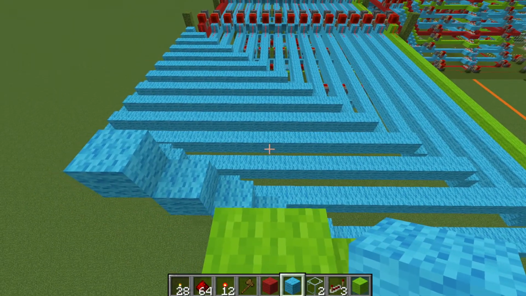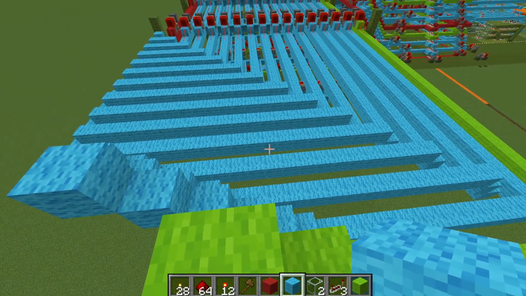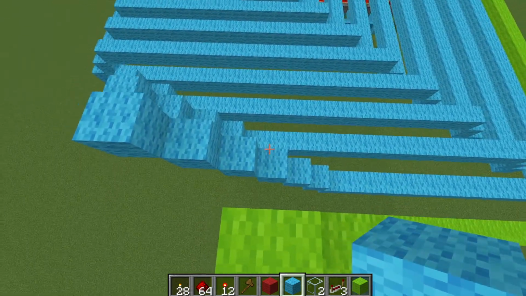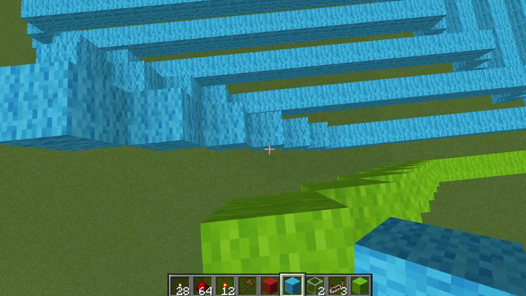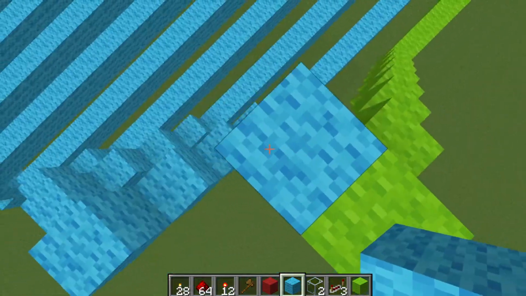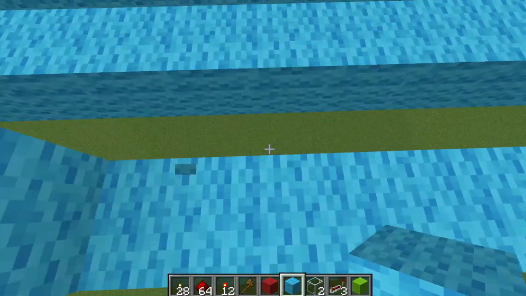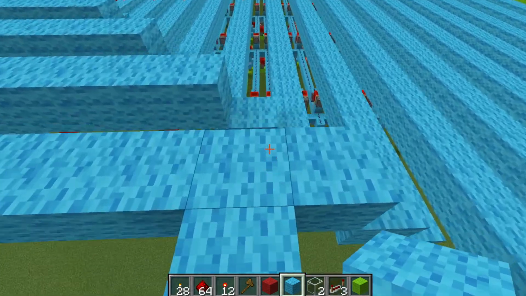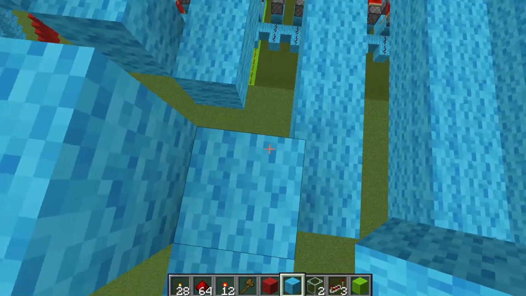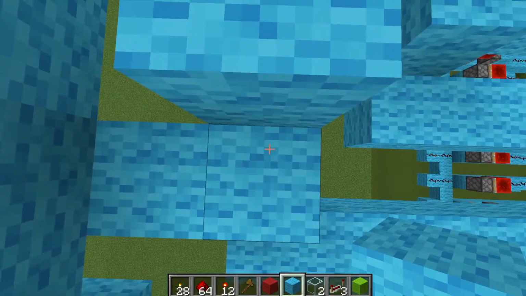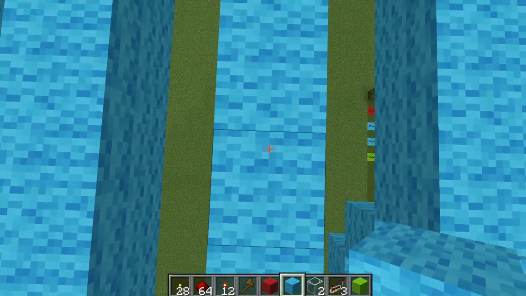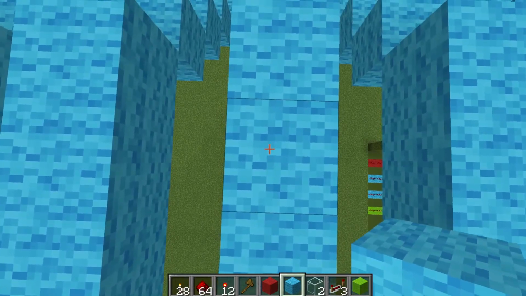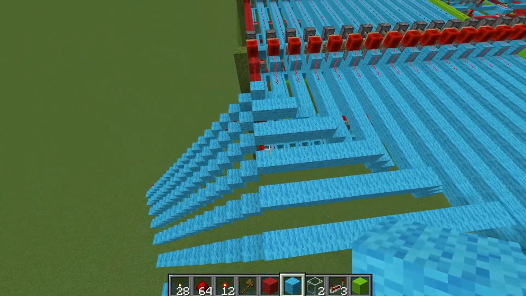So I need to shift it all that way. Starting here, that's 1, 2, 3, 4, 5, 6, 7, 8, 9, 10, 11, 12. So that's 12 blocks it needs to be shifted.